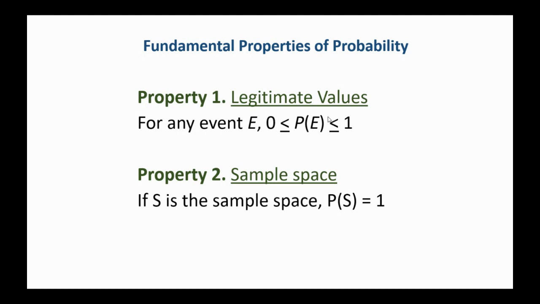It's going to be heads or tails. But if I went up to you and said, what's the probability of getting heads or tails when I flip this coin, you're going to look at me and say, 100%. You're going to get one of them. So that probability has to be 1.